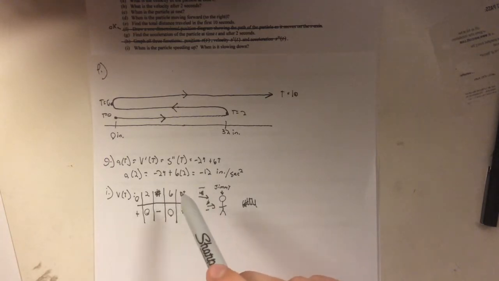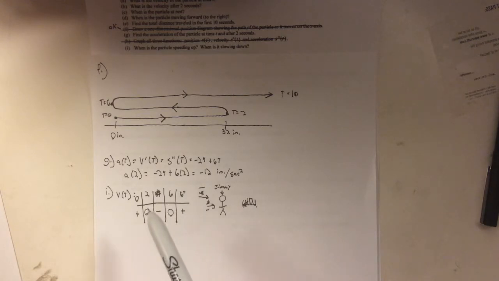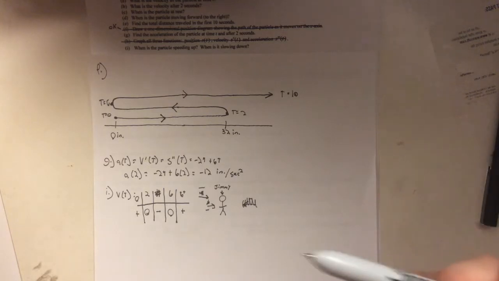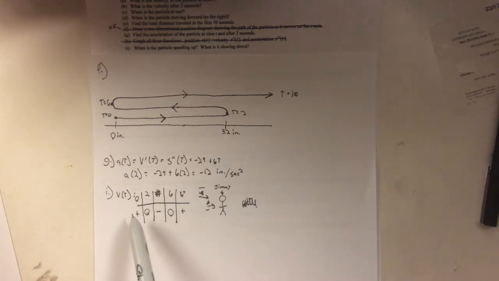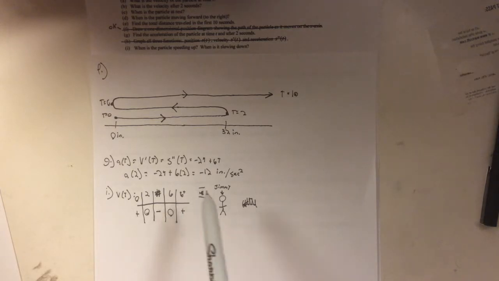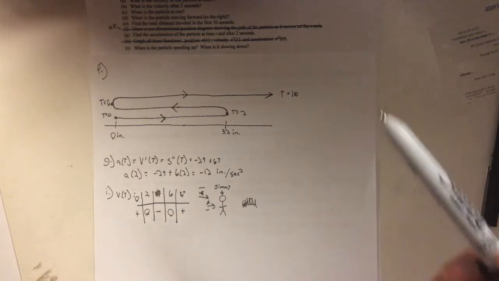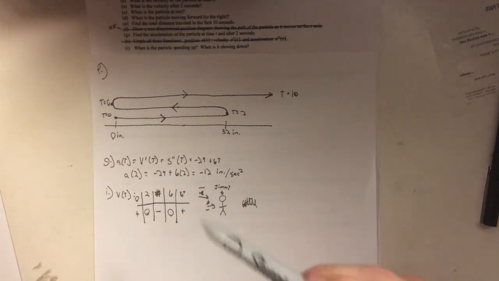So between 2 and 6, the velocity is negative. That means between 2 and 6, the particle is moving backwards. And between 0 and 2, the particle is moving forwards. After 6, it's moving forward as well.